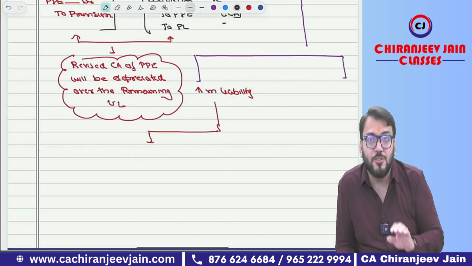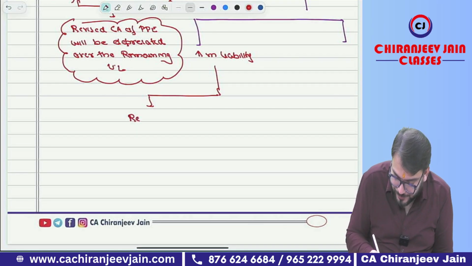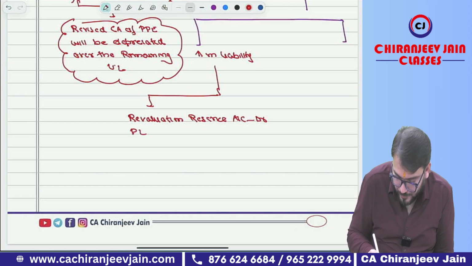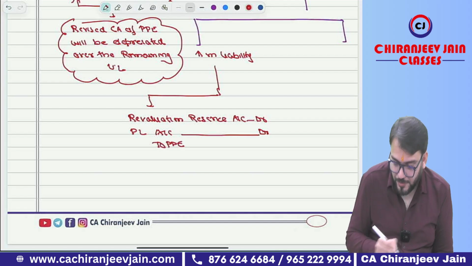Any balance loss will be debited to PL. So the journal entry: revaluation reserve account debit, PL account debit, to PP.